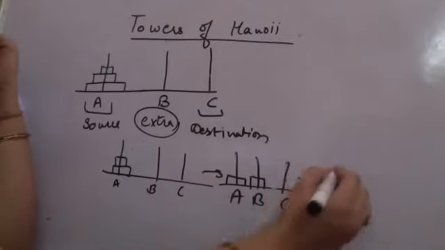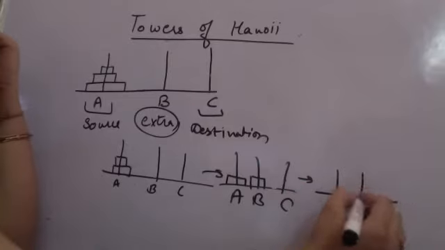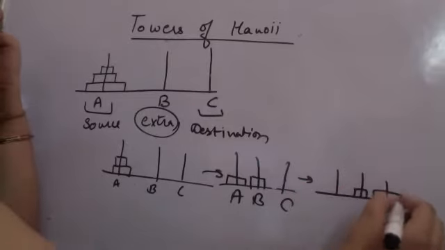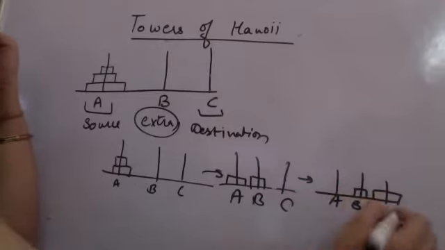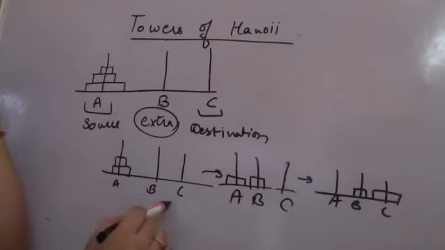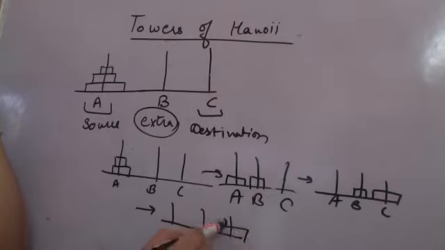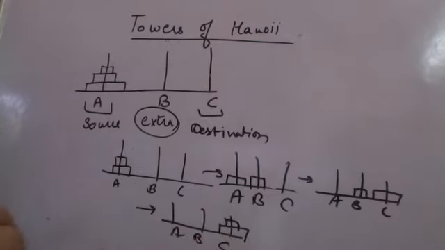Then I could have shifted the larger disk from A to C, and in the final step I could have shifted the smaller disk from B to C. This is how I could have shifted in case I was having 2 disks.